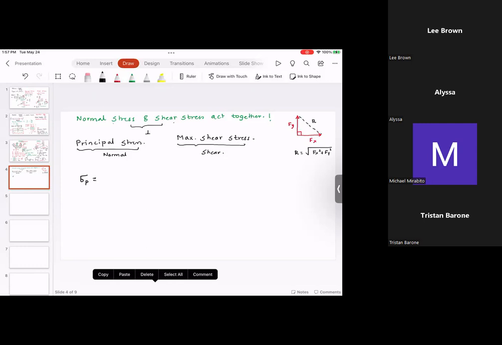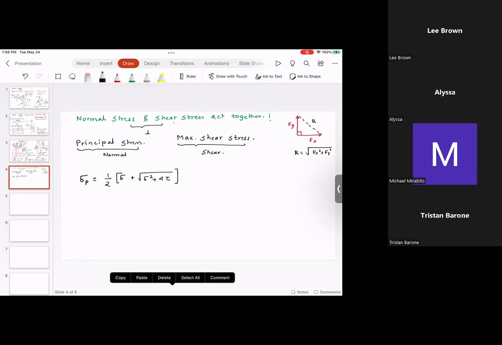Sigma P. There are two types of principal stresses: maximum principal stress and minimum principal stress. In design, we are always looking at the maximum. So what we need is something like 1/2 times sigma plus the square root of sigma squared plus 4 tau squared.